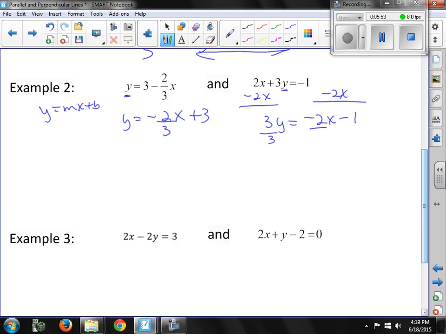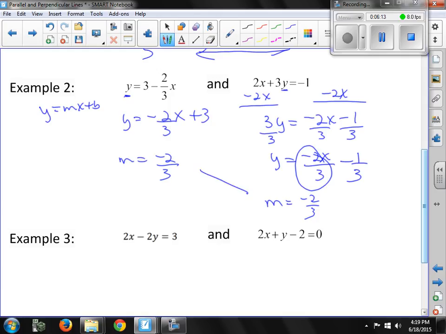Divide everything by 3. So I get y equals negative 2x over 3 minus 1/3. Well, the slope of this line is negative 2/3. The slope of this line was also negative 2/3. I'm comparing them. They look exactly the same to me. So these are parallel lines.